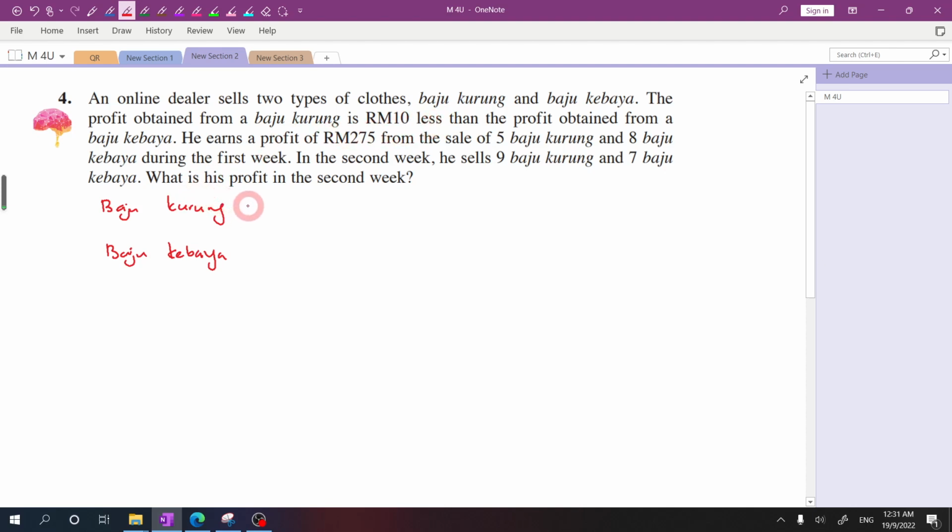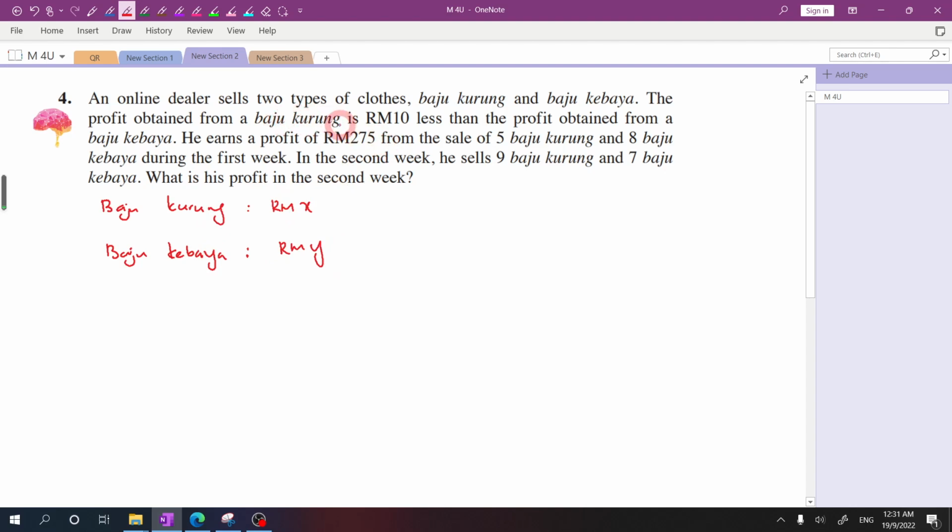Okay, so I let the profit for selling a baju kurung be x, and the profit from selling a baju kebaya be y. y for baju kebaya, and x for baju kurung.